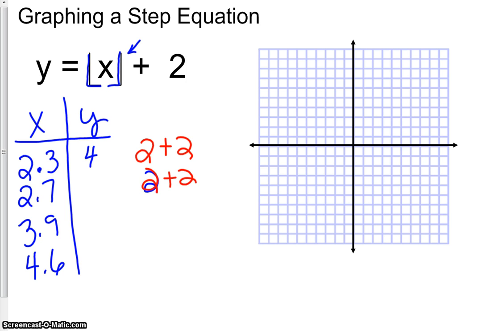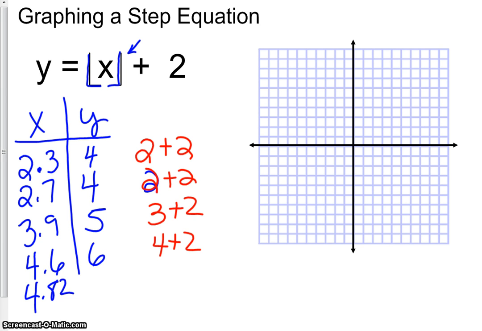So then the answer, again, would be 4. 3.9, now we'd go to 3 plus 2. That answer would be 5. 4.6 would be 4 plus 2, and that answer would be 6. But even if it was like 4.82, that would be the same answer of 6, because it's going to be 4 plus 2. So let's see, how do you graph that?